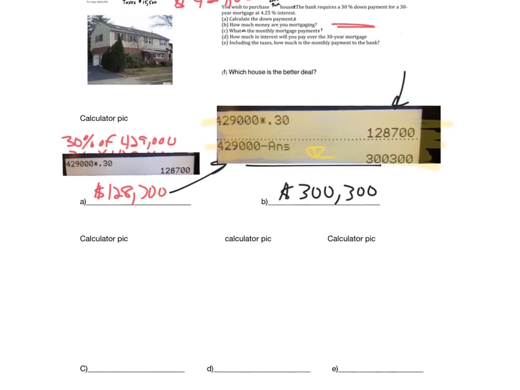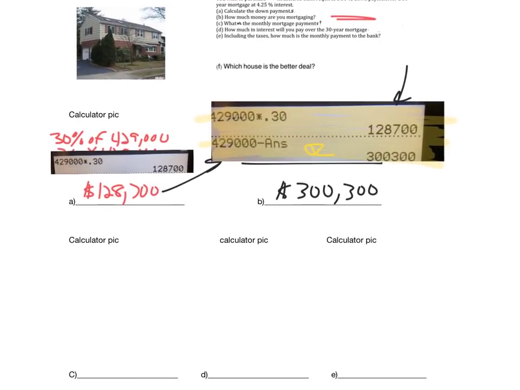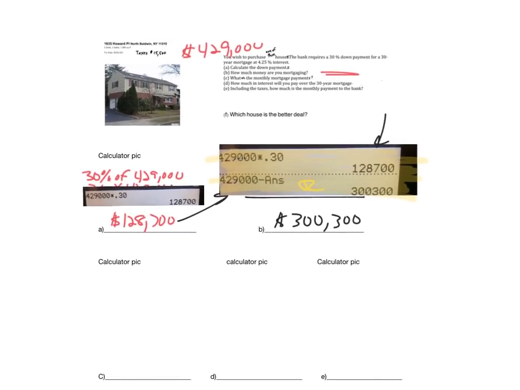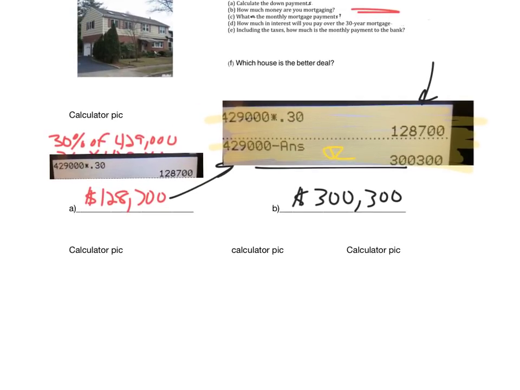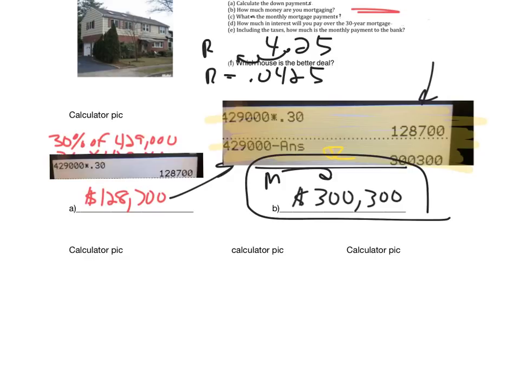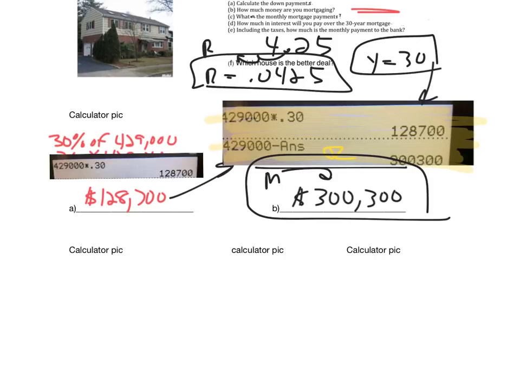So now let's go through the mortgage payment for this Baldwin house. Remember, the interest rate R was 4.25%. So our R value, once we move the decimal point 2 to the left, is 0.0425. M, the amount of money we're mortgaging, is the $300,300. And Y for these mortgage questions, unless they tell you otherwise, is going to be 30.